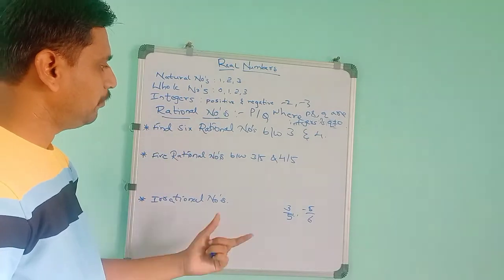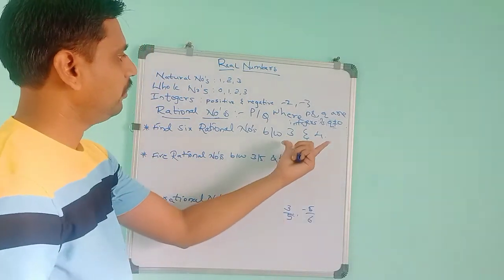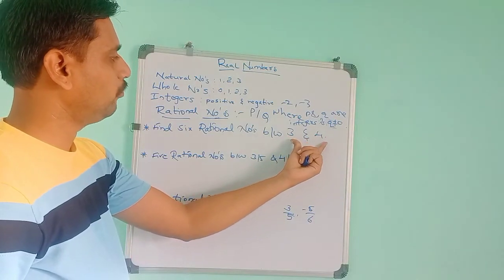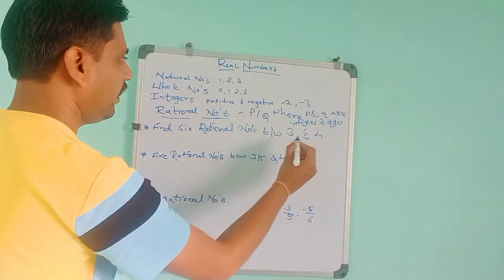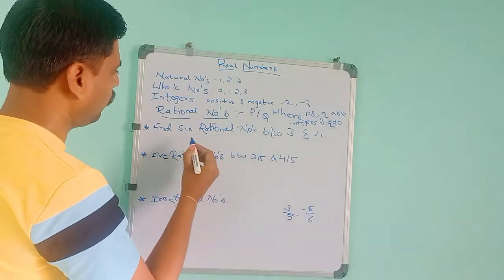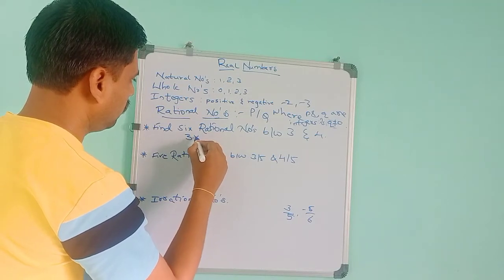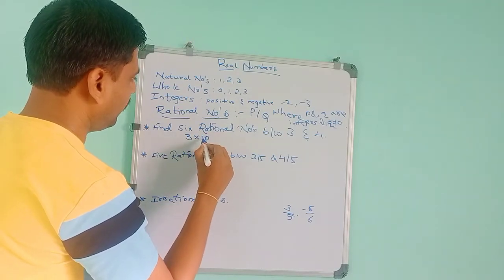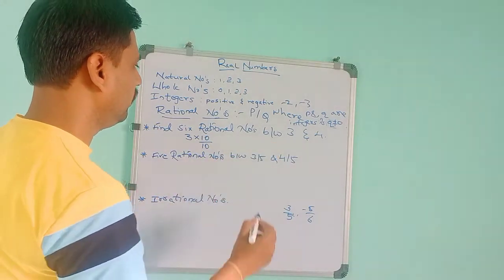Then there are many rational numbers between two numbers. For example, take 3 and 4. In between there are many rational numbers. For example, between 3 and 4, you multiply and divide 3 by 10, and multiply and divide 4 by 10.